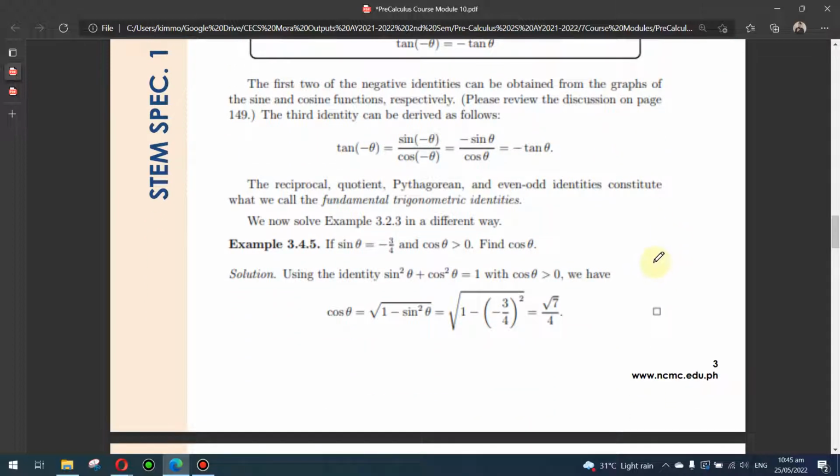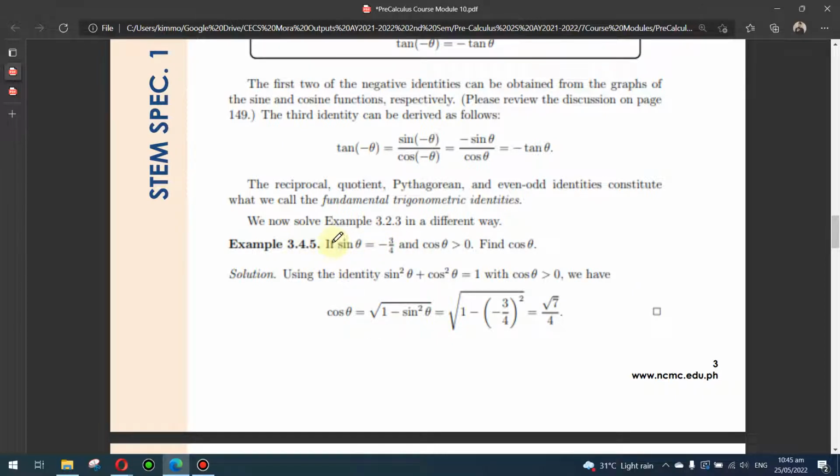So the reciprocal, the quotient, the Pythagorean, and the even odd identities constitute what we call the fundamental trigonometric identities. So now we are going to solve this example in a different way.